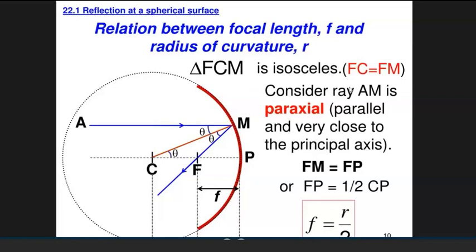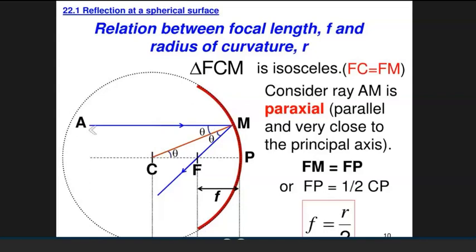This relation, you see, this is the spherical mirror. The red one is the mirror, and this dotted line indicates that this is a complete sphere of which this spherical mirror itself is a part. And this P is the vertex or pole of the spherical mirror.